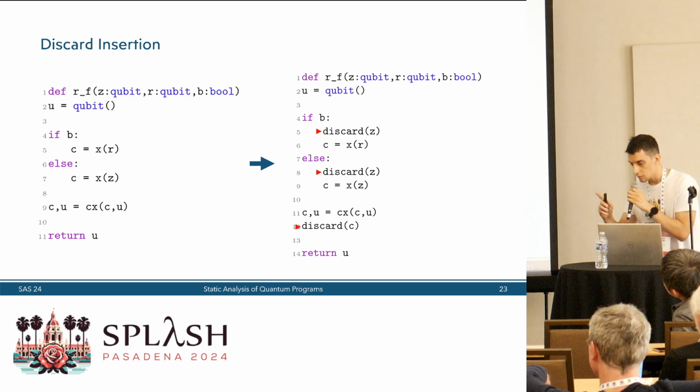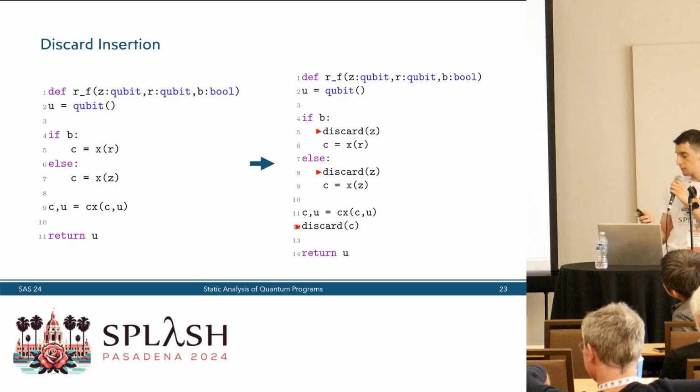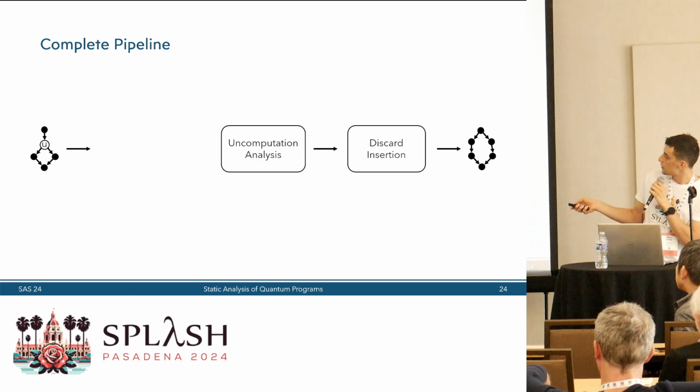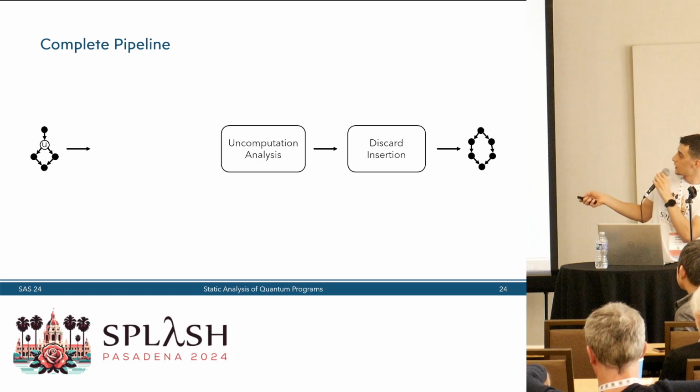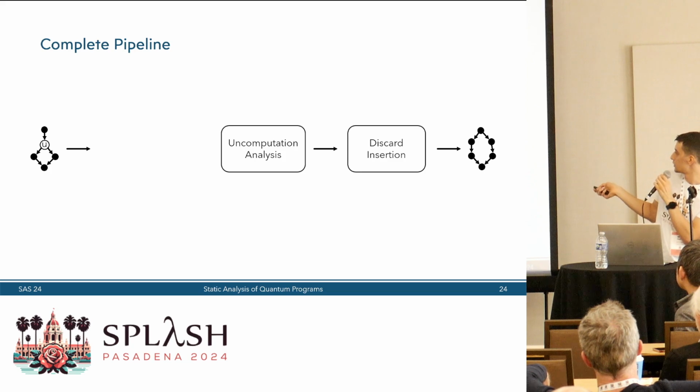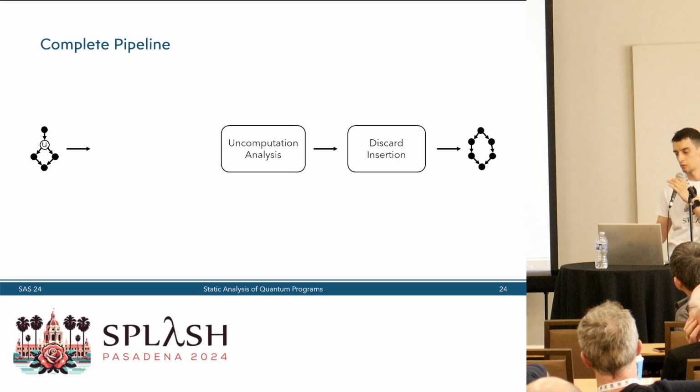So this was the main result of this paper: take a program, perform the uncomputation analysis, insert the discard, and return the program with the extra instruction that makes this program correct from a quantum point of view.